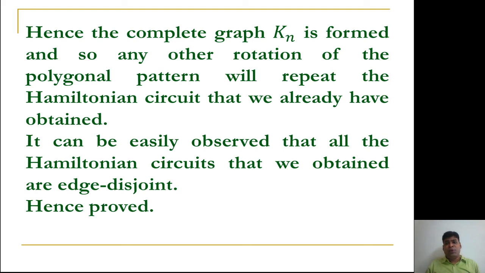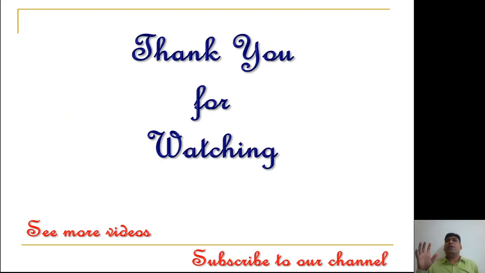So a beautiful result we have been through: whenever we consider any complete graph with an odd number of vertices, we'll have exactly (n minus 1) by 2 edge disjoint Hamiltonian circuits. See, many Hamiltonian circuits would be possible, but here the restriction we are going to take is edge disjoint Hamiltonian circuits.